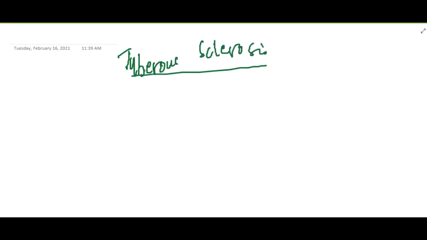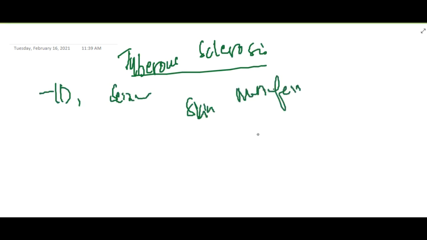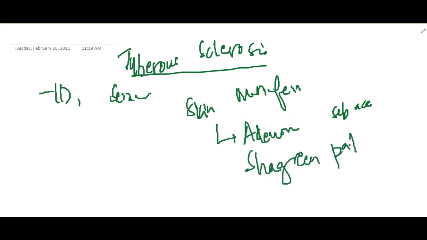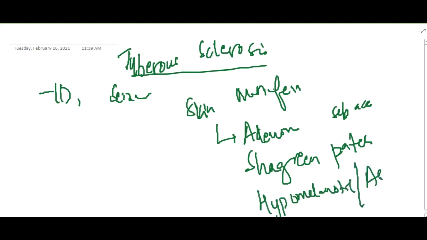Then we have the next disorder, which is tuberous sclerosis. Here the baby has intellectual disability and is associated with seizures, and the important thing here is the skin manifestations. In the skin manifestations, we have adenoma sebaceum, and there is the Shagreen patch which is seen in tuberous sclerosis, and also hypomelanotic or ash leaf macules.